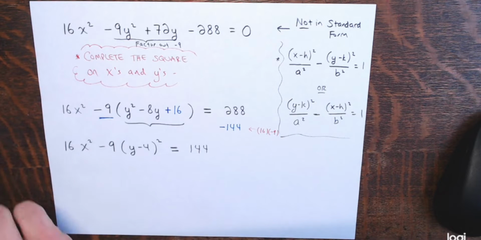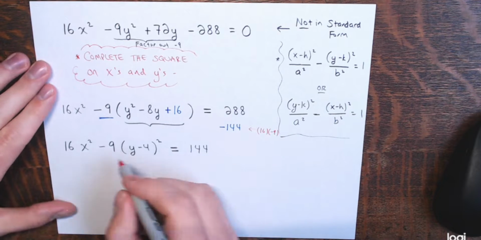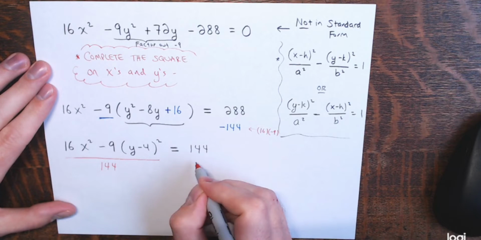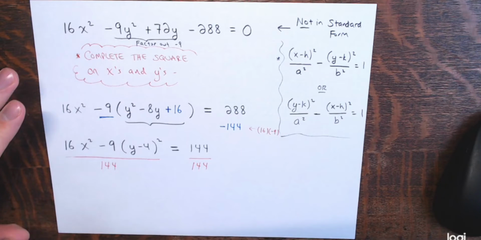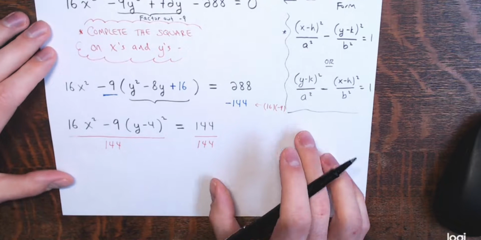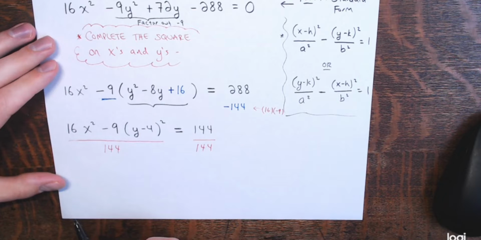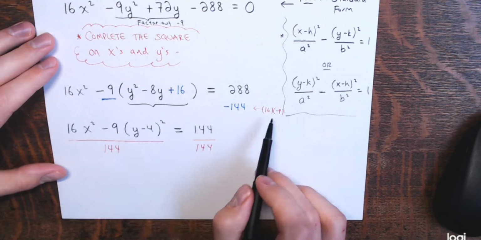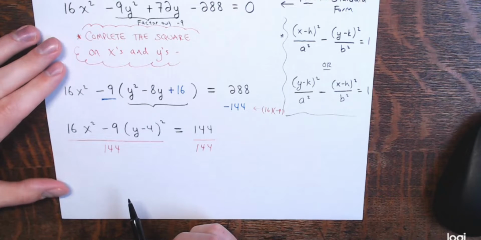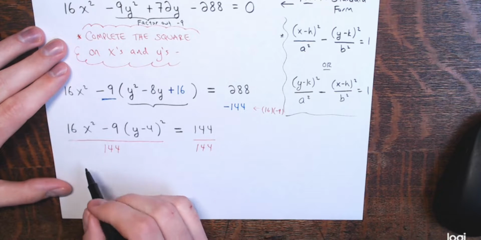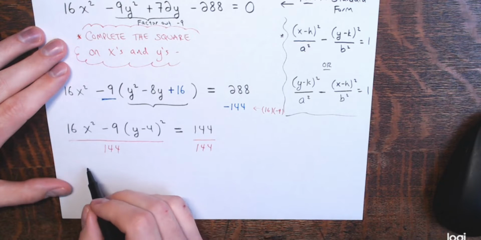So now comes, just turn this 144 into 1 by dividing everything by 144. Right, if I divide 144 by 144, it's going to be 1. And the nice thing here, they're being very kind to us, is that 16 and 9 go into 144 evenly, right? We know that 16 times 9 is 144. So in this first term, 16x squared divided by 144, 16 goes into 144 9 times, so that'll be x squared divided by 9.